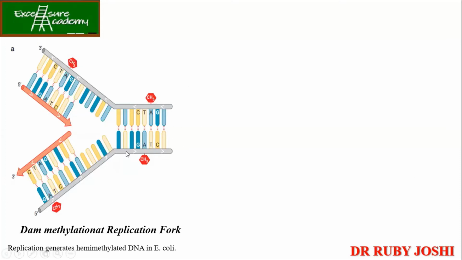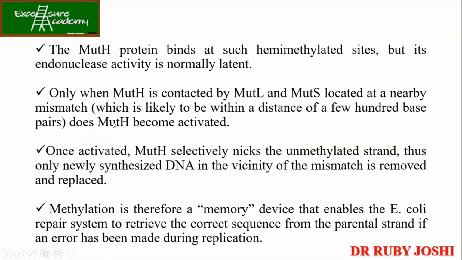This figure I have also shown before. The parental strand is methylated, and your newly replicated daughter strand is not. So this condition is hemimethylated. Now this also functions like a memory. MutH protein binds at hemimethylated sites.